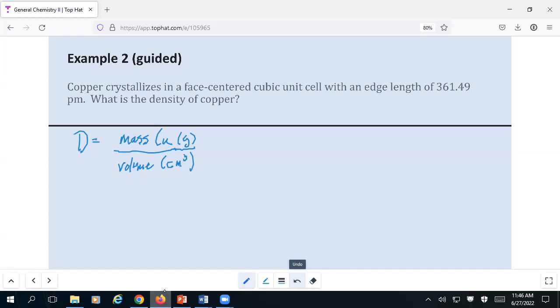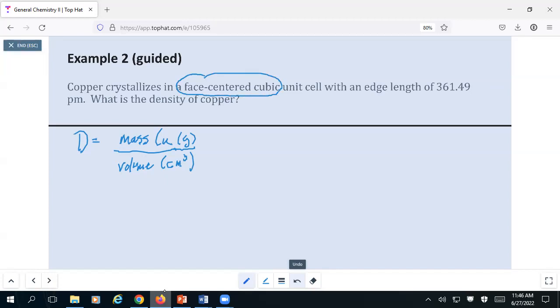So from that standpoint, it doesn't seem like we have all that much information at our hands. But there are some things that we can pull out of this that will help. For example, being that it is face-centered cubic, there are two things that we know.